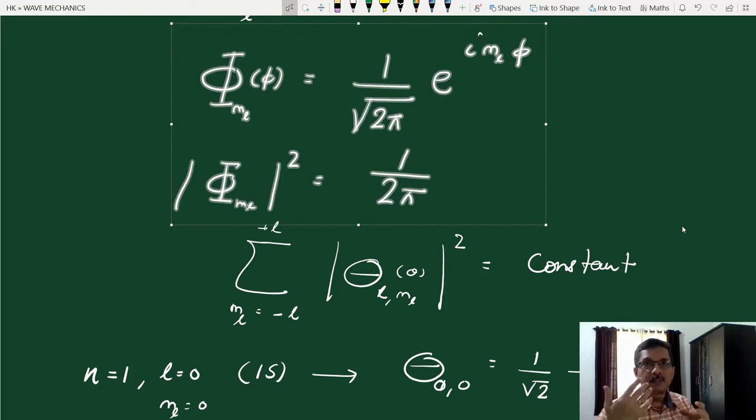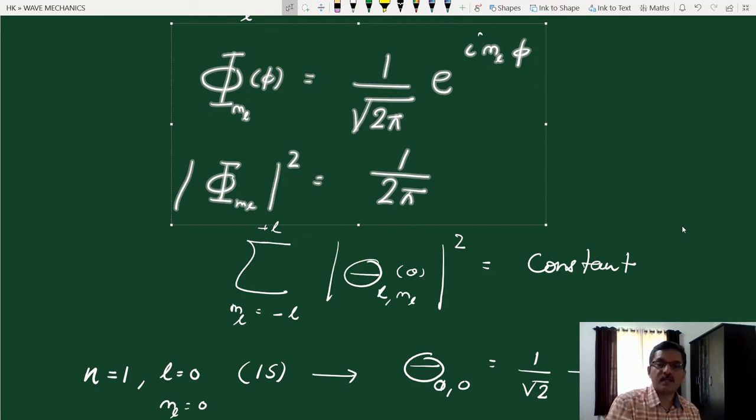If we have some interaction to measure the z component of the electron, maybe some applied electric field or some chemical reaction, then the electron is in a particular Lz state. The electron has a particular Lz value, or it is in a particular ML state. Then this theta will be different, and this will vary with the polar angle. So this is the idea of angular probability densities.